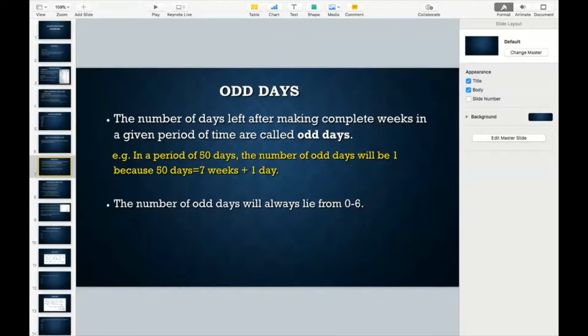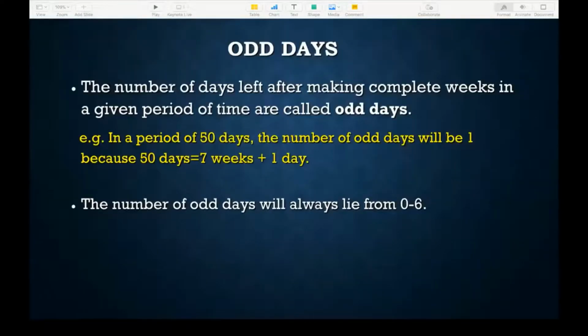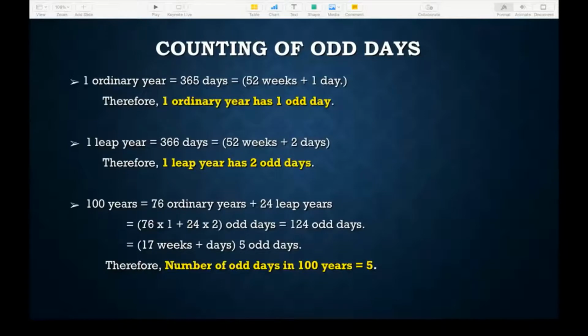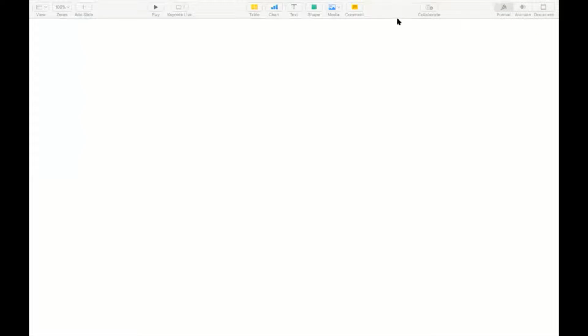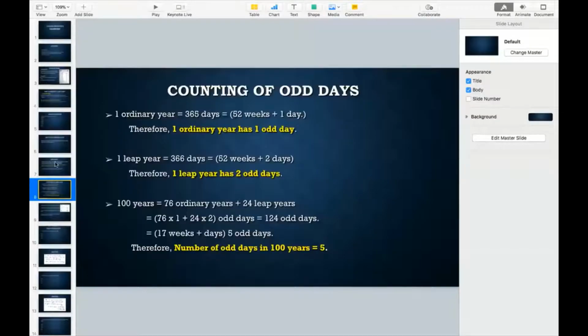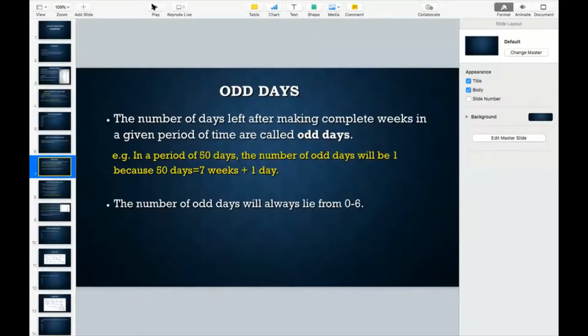Counting of odd days. Guys, let's look into certain scenarios where you need to remember the number of odd days. If I talk about one ordinary year, an ordinary year contains 365 days. I just want you to understand the concept of odd days. What are odd days?